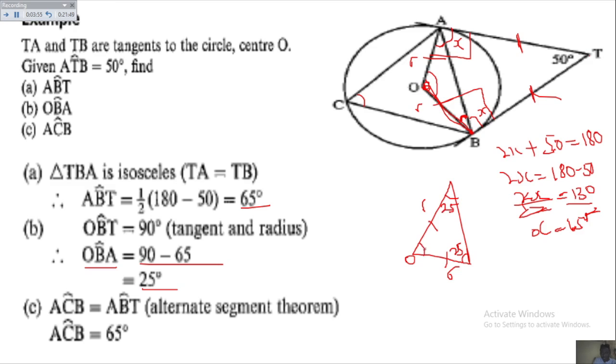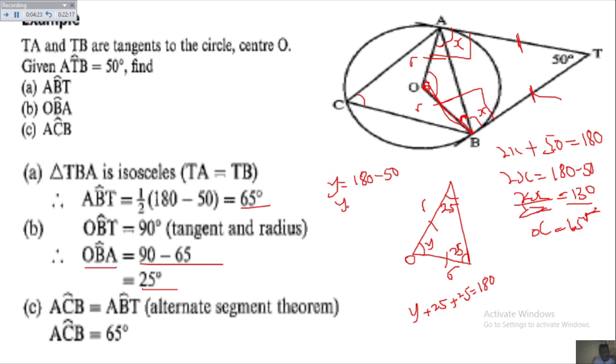Then I can get this particular one, if we call it Y. It will be Y plus 25 plus 25 equals 180. In that particular case, what will have happened? My Y will be 180 minus 50.